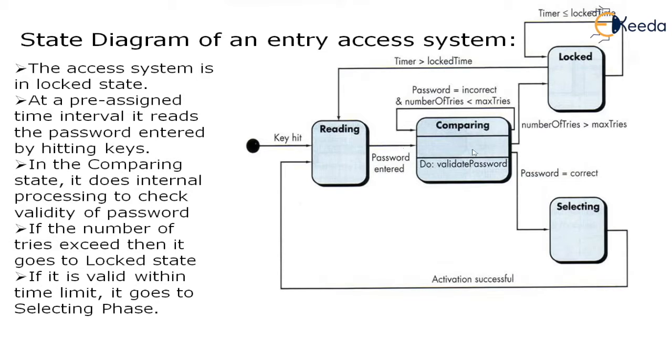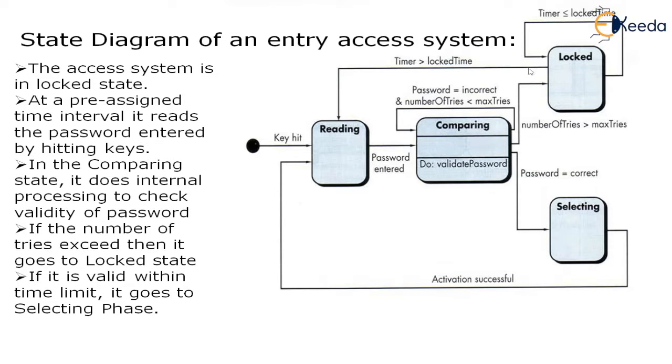Then it will come to the comparing state. In the comparing state, it does internal processing to check the validity of the password. So that is what is being done here. If the number of tries exceeds the limit, then it goes to the locked state. Suppose it is not valid, then it will keep asking for the password and keep on reading the password.